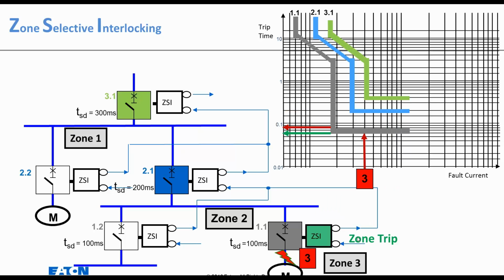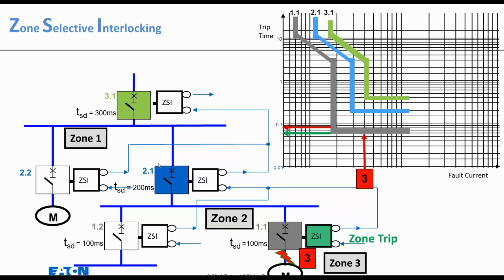This device then says, I see the fault current, and sends a restraining signal to the blue breaker. Then the blue breaker sends a restraining signal to the green breaker, 3.1, and says, I see the current too, so restrain.